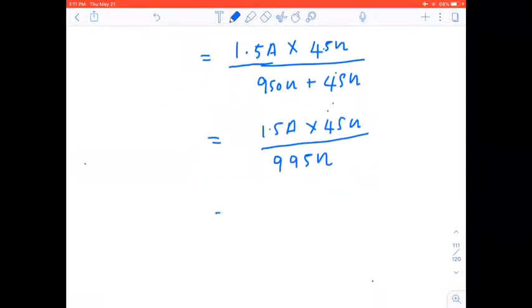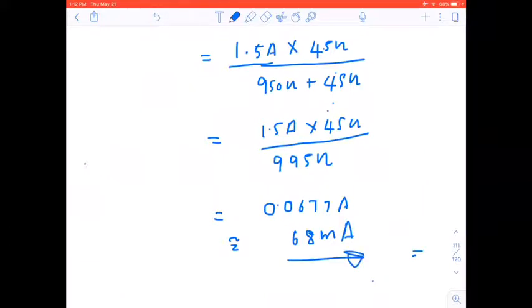And if we worked that out, that gives us 0.067677 amps, which is then equivalent to 68 milliamps. There you have it.